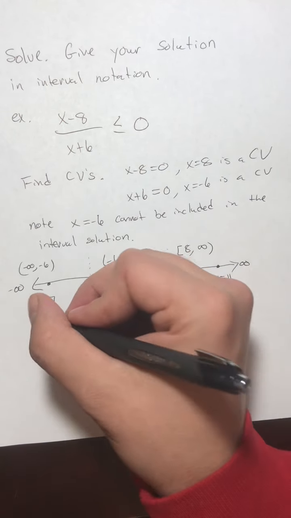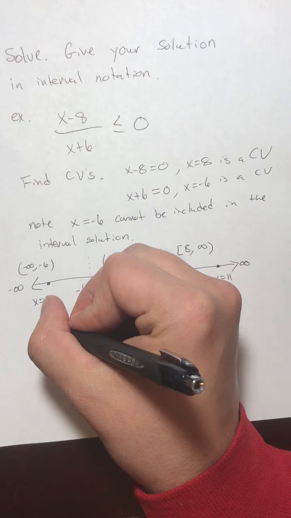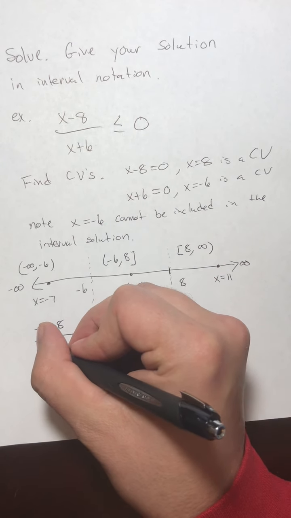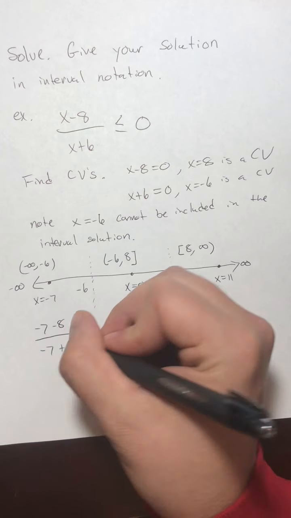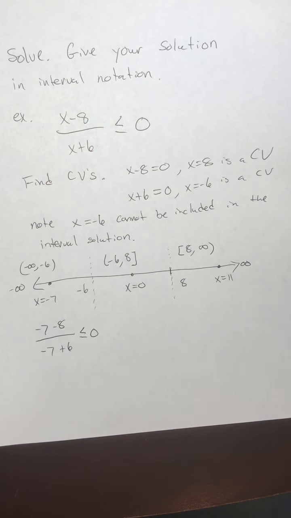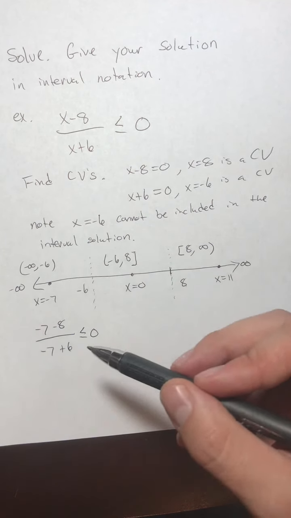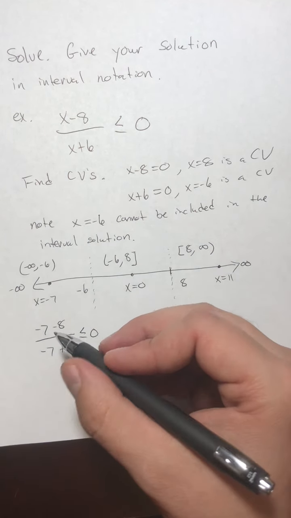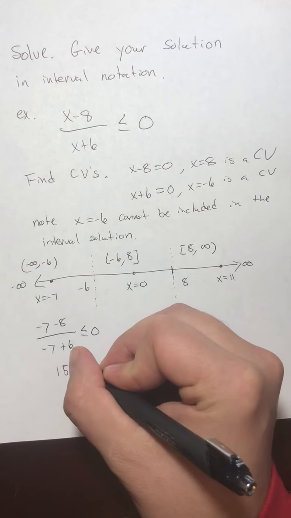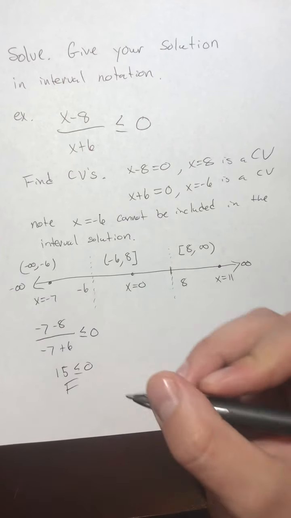So negative 7 minus 8 over negative 7 plus 6. Is this less than or equal to 0? This is going to be a positive number. So negative 15 over negative 1, which is 15 less than or equal to 0, which is false.